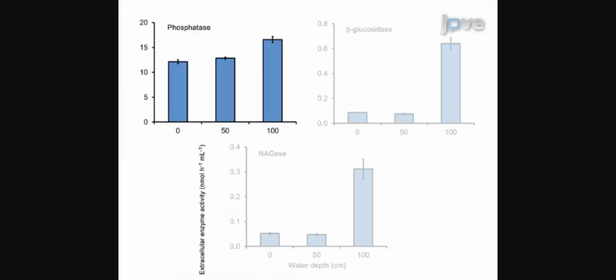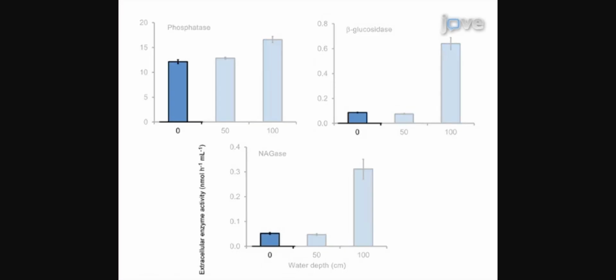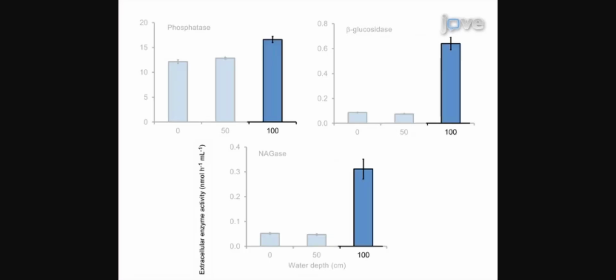The lake is known to be nutrient poor, which is also suggested by the relatively high activity of phosphatase, an enzyme that microorganisms produce in order to acquire phosphate from organic compounds. For all 3 of the enzymes assayed, samples collected at the water surface and at 50 centimeters depth showed similar activity, whereas activity was elevated in the 100 centimeter sample.